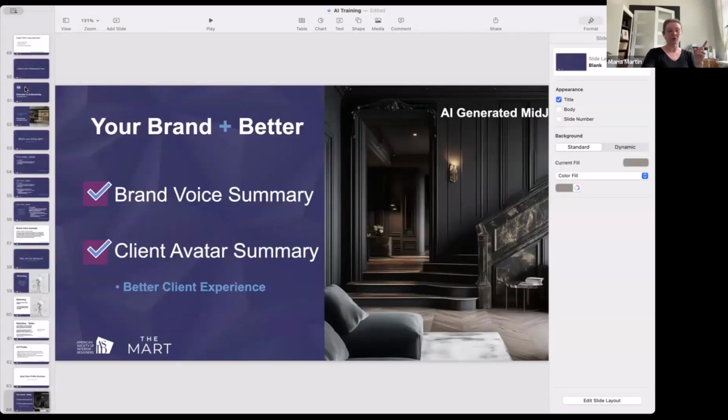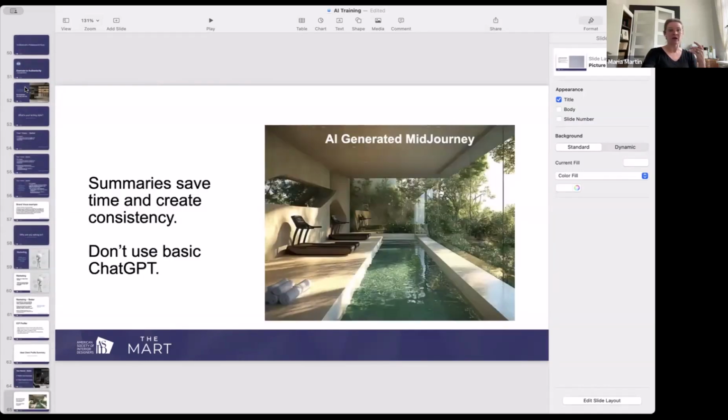So now that you have a brand voice summary and you have a client avatar summary, what the goal should be is that your clients should feel like the experience that they're having working with you is better, that it's going to have that consistency. You should be seeing that you're saving time.